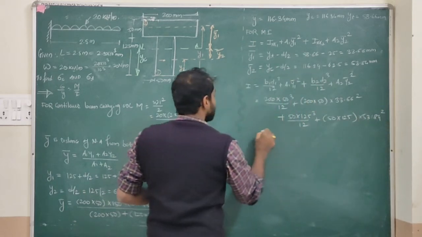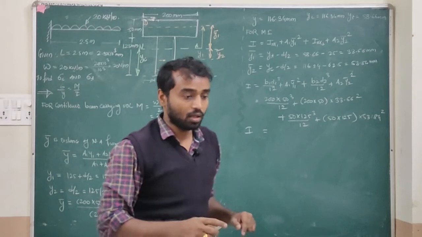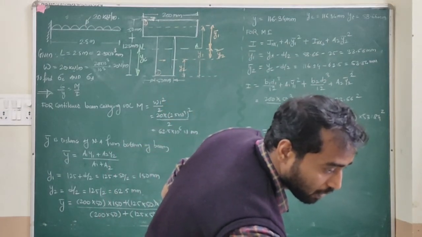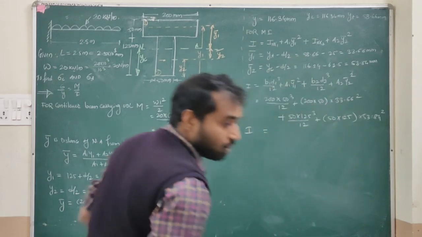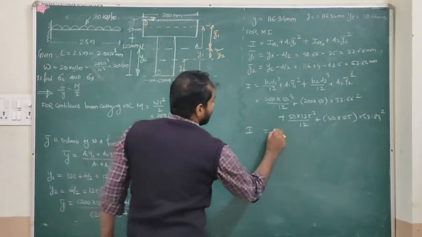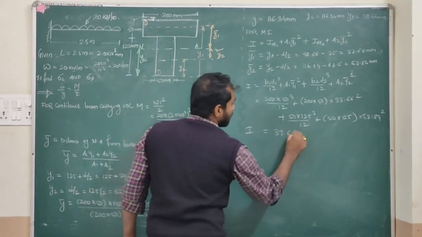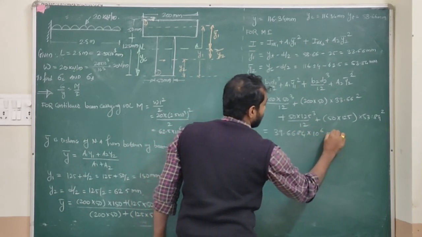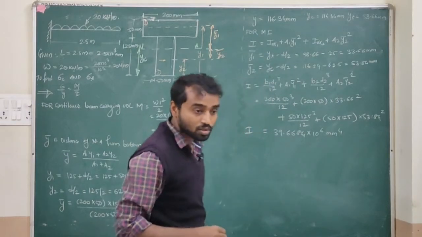If you solve this, we will get the value of I as 39.684 into 10 raised to power 6 mm raised to the power 4.